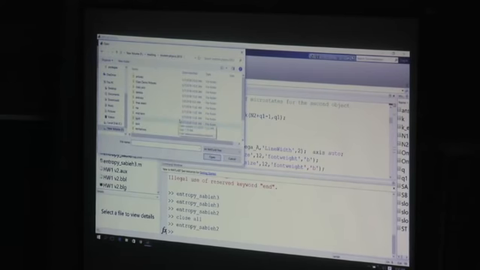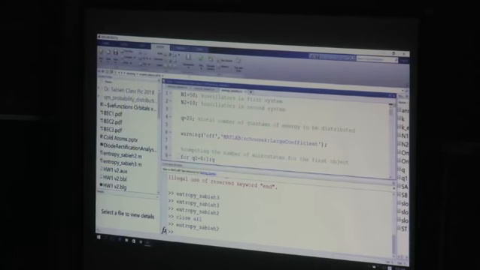I've inadvertently made some changes to the plot, so I'm going to go back to an older version.